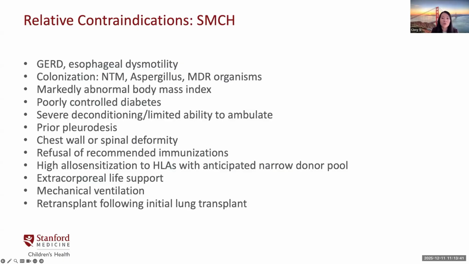For NTM, we are more worried about smear positive M. abscessus as compared to colonization with MAC, for example. Other concerns include nutritional status, both markedly low BMI or markedly high BMI, comorbidities such as poorly controlled diabetes, severe deconditioning, a prior history of pleurodesis or chest wall or spinal deformities, refusal of recommended vaccines, and high allosensitization.